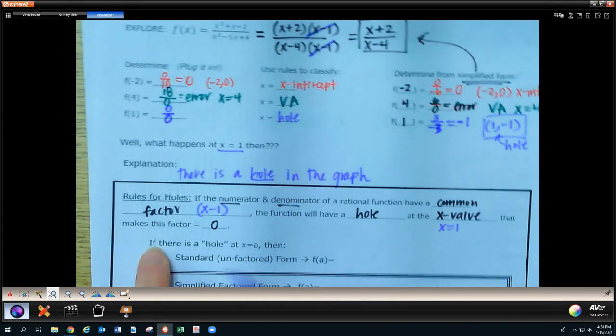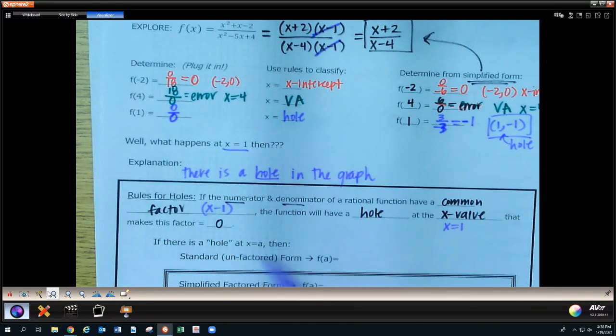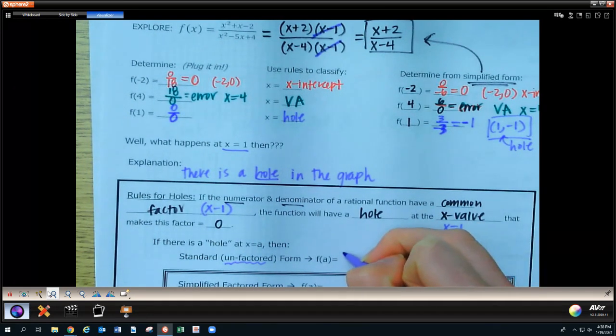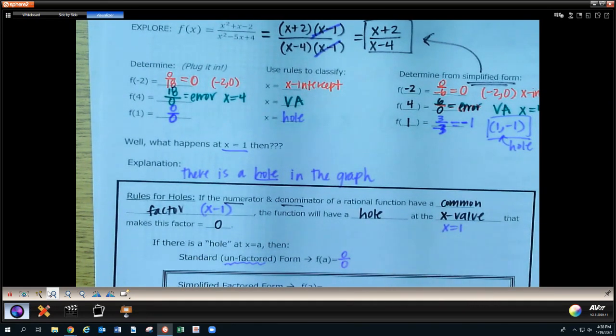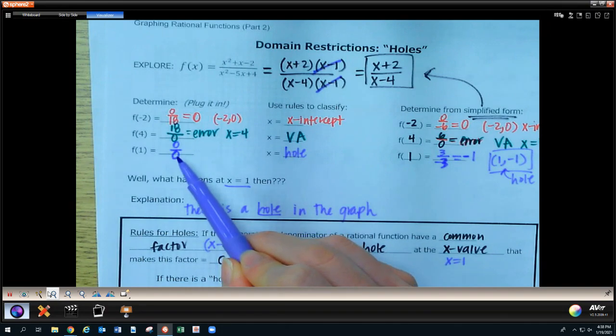Okay, so if there is a hole at x equals a, in this case, we had 1. So in general, if there is a hole at x equals a, in the unfactored, the unsimplified form, you will get 0 on top and 0 on bottom. Okay, and so that's what we saw here. We got 0 over 0.